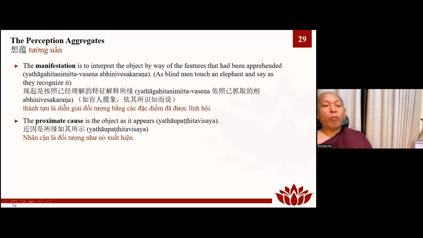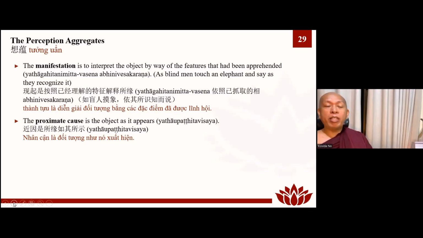One of the blind men touches the tusk. It's like a spear. Another man touches the ear. It's like a fan, right? Another touches the tail. It's like a broom, like a rope, something like that, right? Some of them touch the legs. Oh, they're like a pillar.